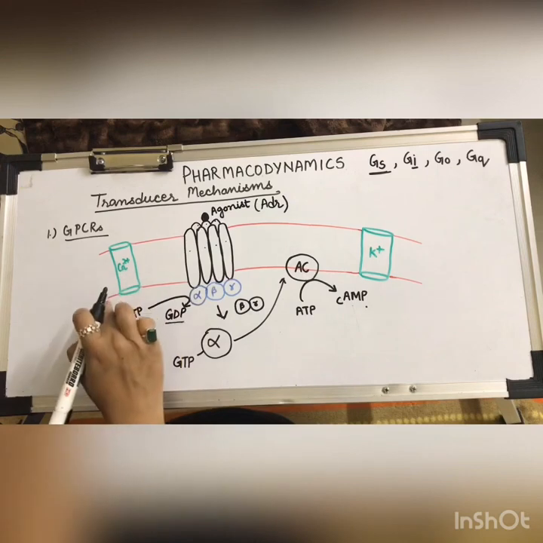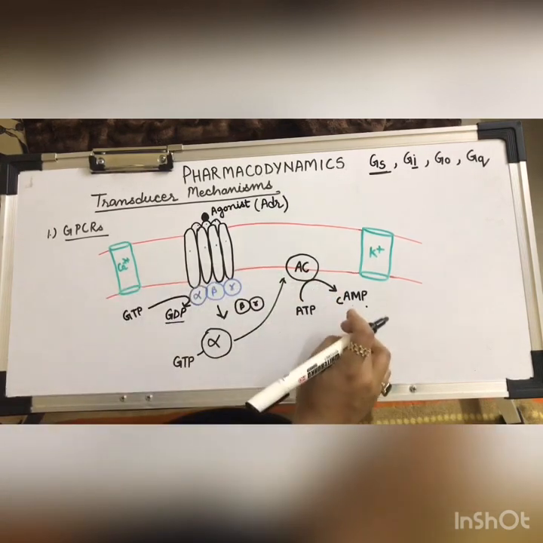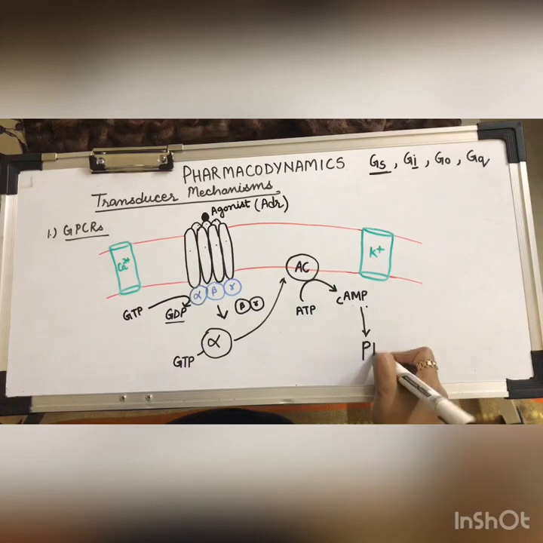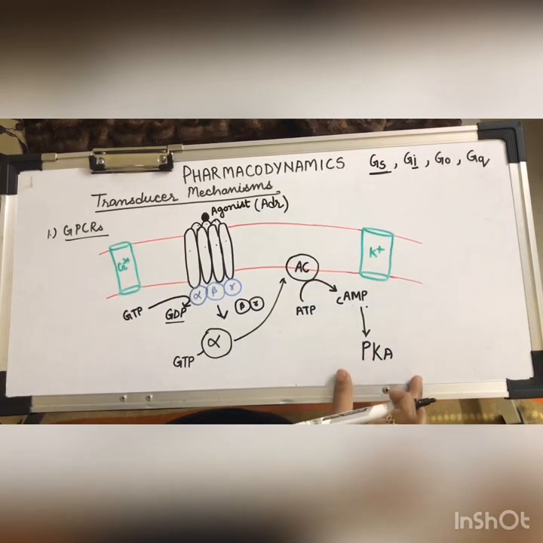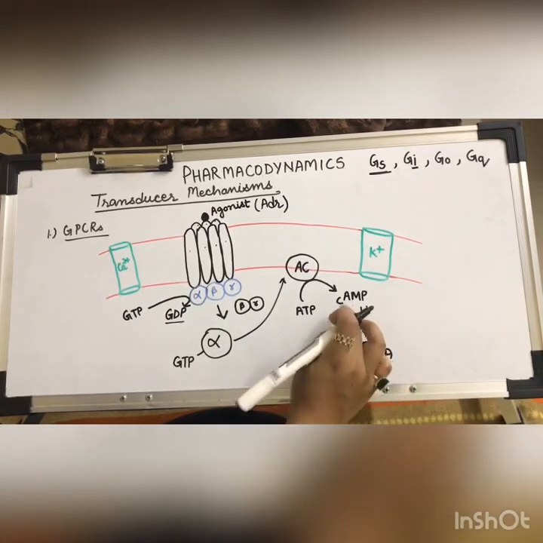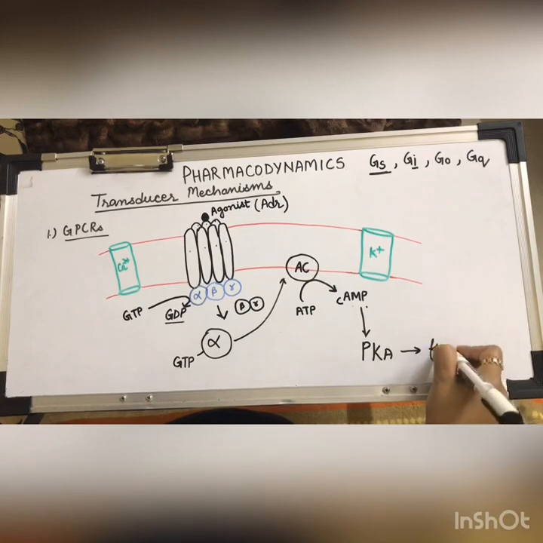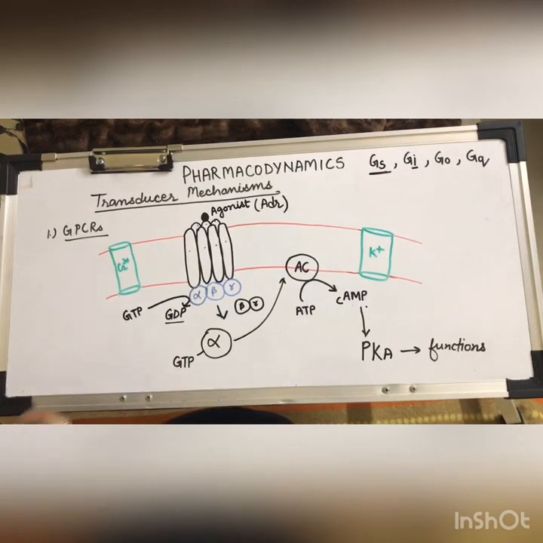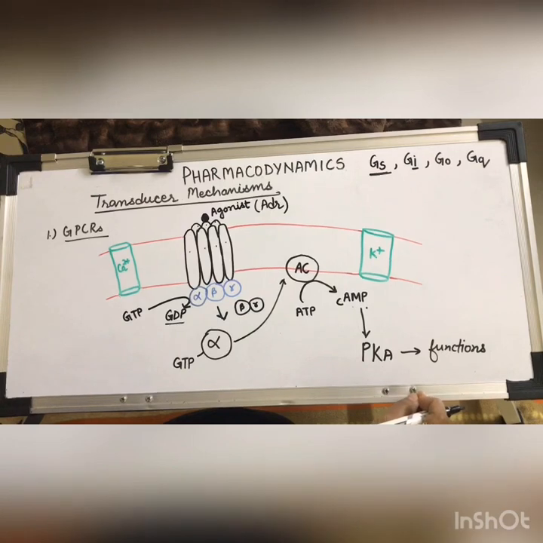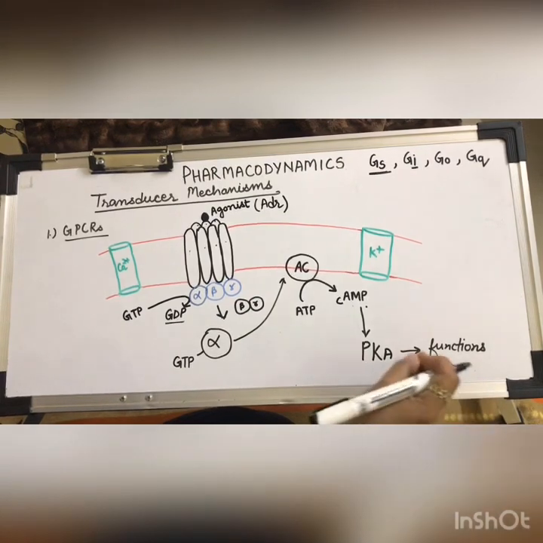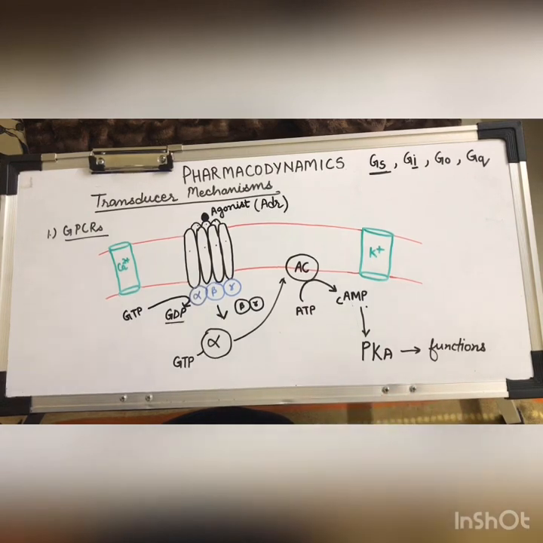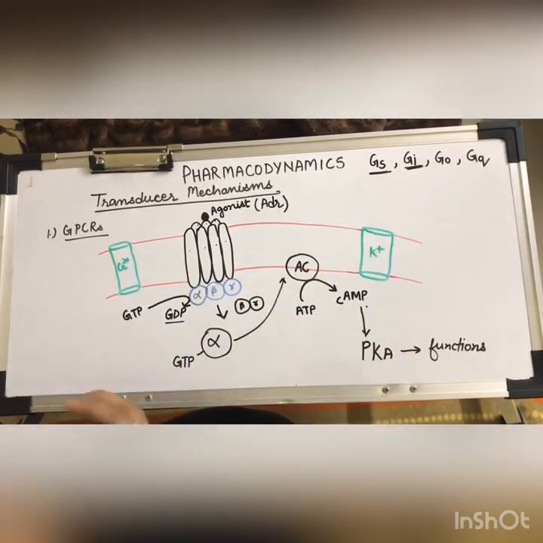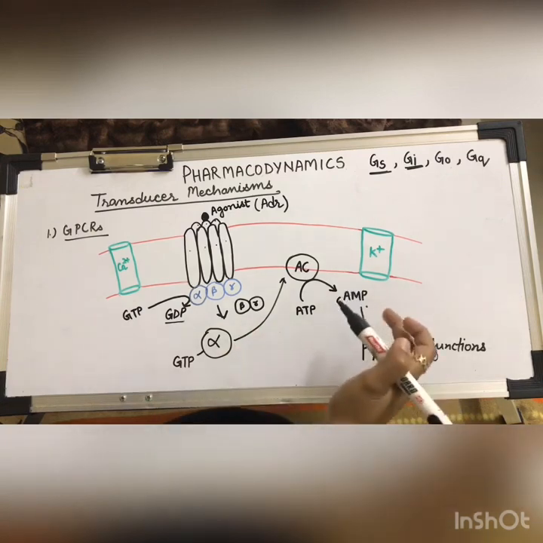It directly stimulates the calcium channels also, and it functions through cyclic AMP dependent protein kinase A. Now protein kinase A, when it is activated by cyclic AMP, it alters the functions of certain enzymes, ion channels, and carrier proteins, and thus it produces response like increased contractility or impulse generation, glycogenolysis, lipolysis, etc.